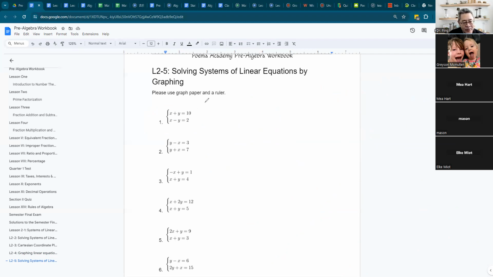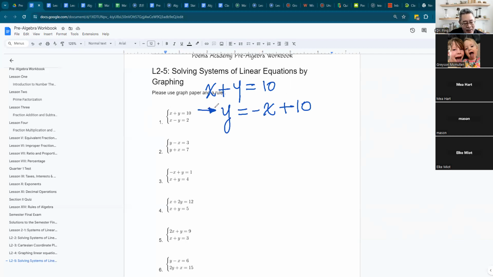Well, when you're graphing, all we need to do is find 2 points. So for example, when we have this, we just need to pick two numbers. Now, if I rewrite it like y equals minus x plus 10, so basically I change this form to this.